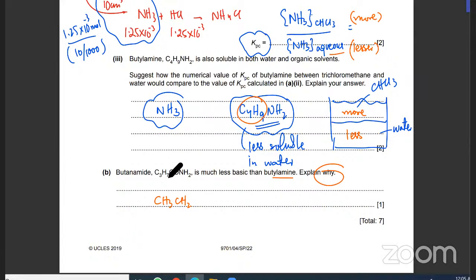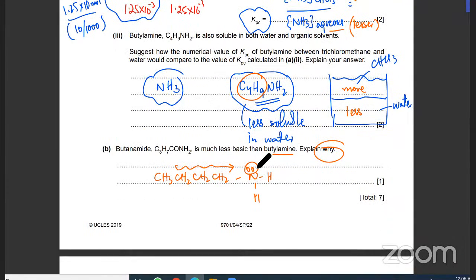You don't explain both, because that's going to be redundant. So the reason is it's got an electron donating alkyl chain. With an electron donating alkyl chain, the negative charge density on the lone pair on N increases. So there's a stronger attraction for H+.